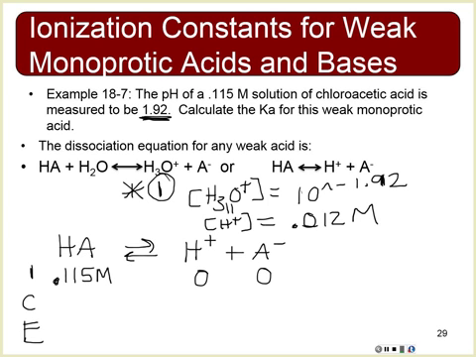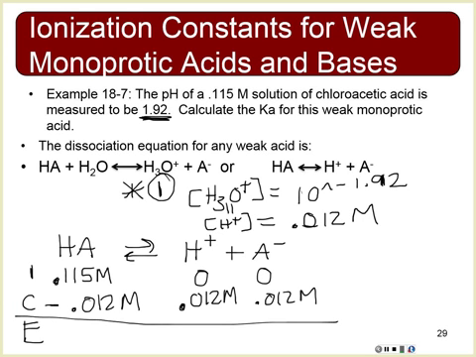So you found this in order to be able to plug it in, right? We found our H+, so now we just put it in. Everything's a 1-to-1, so that number goes across everything. So we subtract, that's a 1 there.